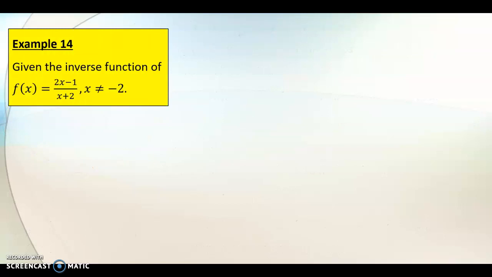Now take a look at the example. Given the function f(x) is equal to (x minus 1) over (x plus 2), with the condition x is not equal to -2, or else the function will be undefined. So how do we find the inverse function?